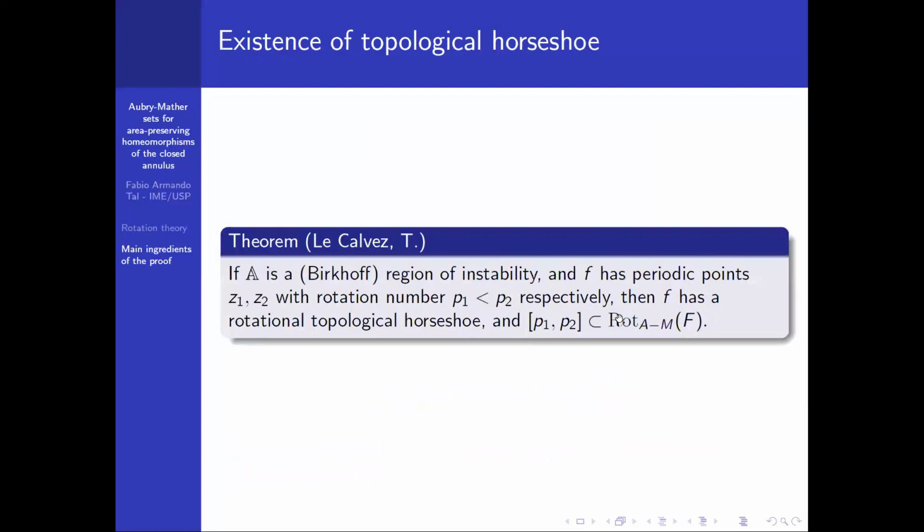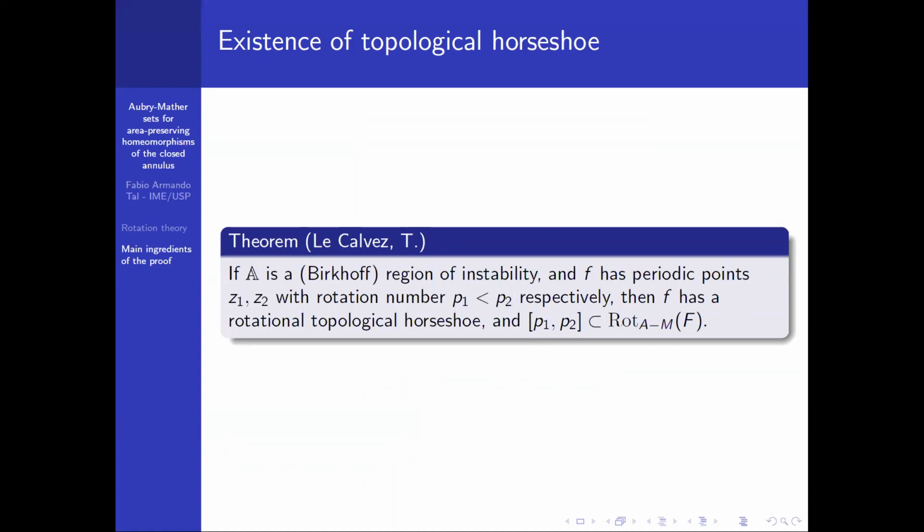So what we use here is a previous work that we did with Patrice Calvez that shows that if you have a Birkhoff region of instability, an annulus which has these properties of being a region of instability, with points going from down to up and up to down, and you have two periodic points with different rotation numbers, then you find a topological rotational horseshoe, in the sense that I described before, like this square that rotates, and for some power of this, a square that intersects two different copies on the lift.